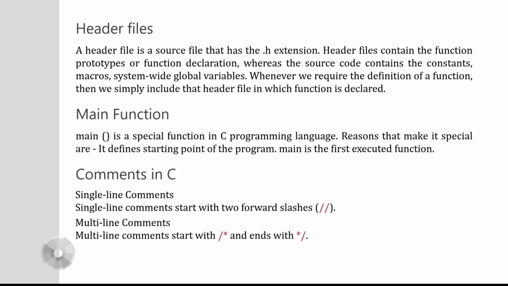Coming to the main function, it is a special function in the C programming language that defines the starting point of the program, and main is the first executed function. About comments in C, we use single line comments and multiple line comments, and we can use them like this.